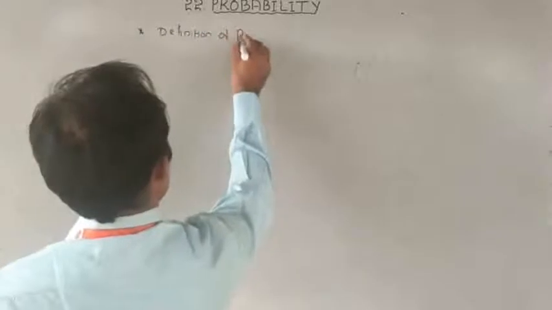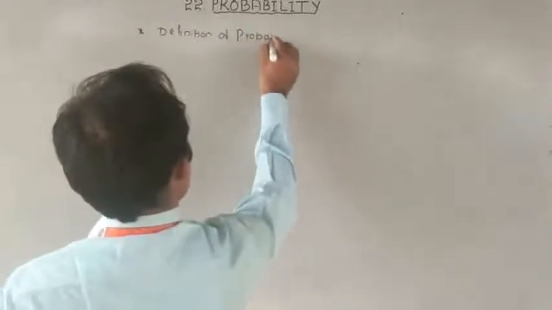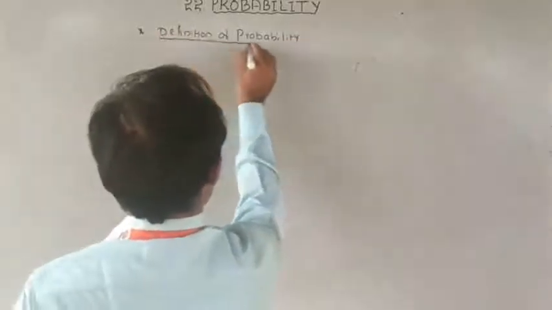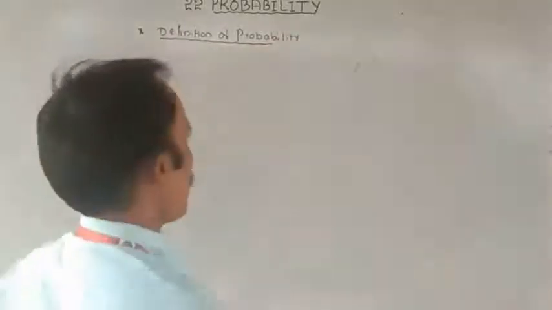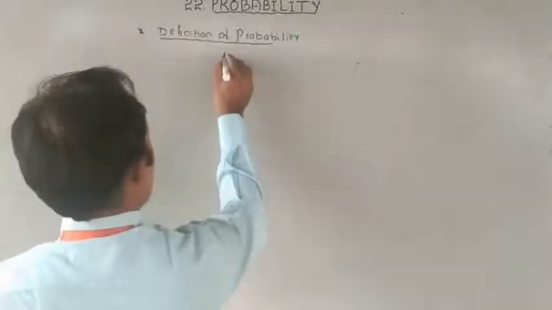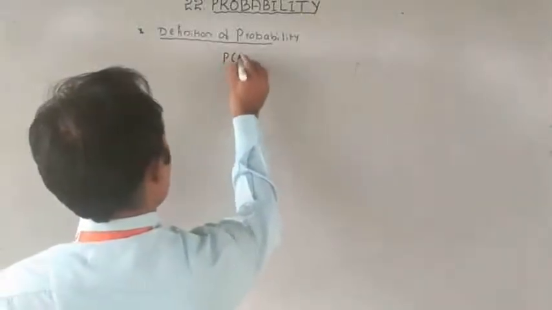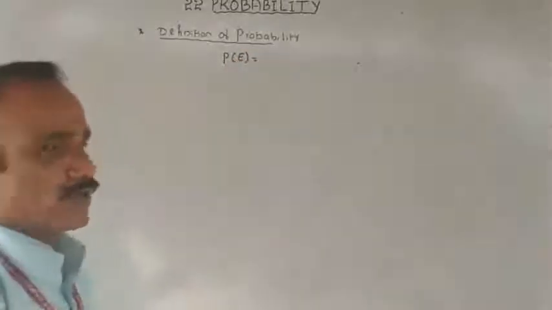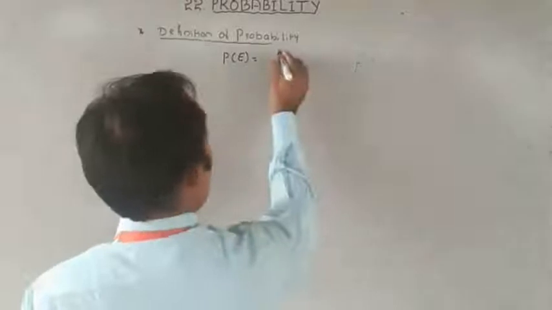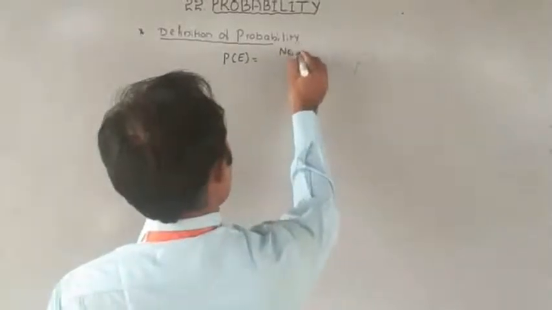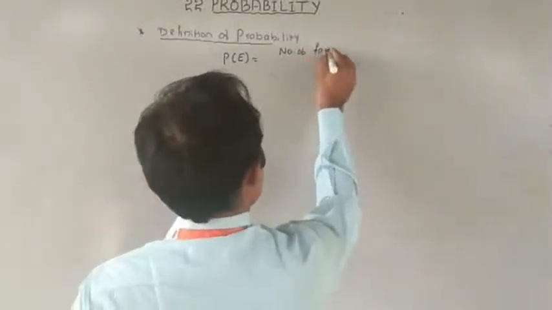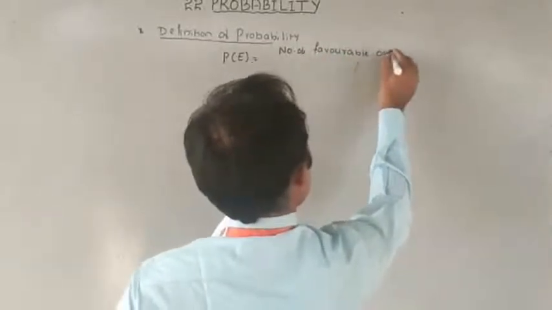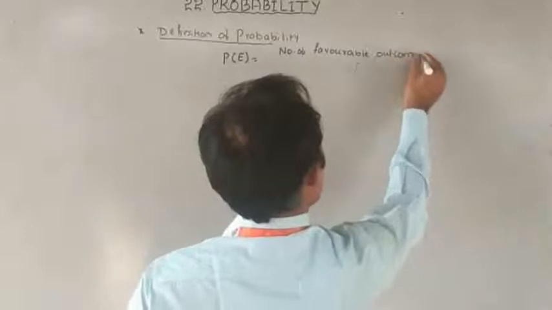Yes, this is very important. The definition of probability can be defined in this way. P of A, or anyone you take, probability of the event E can be found.